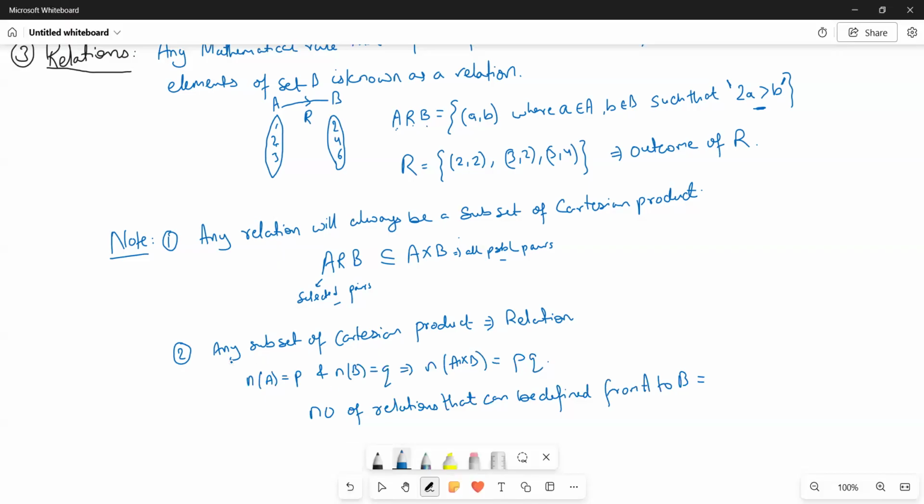So we go back to the property that any subset of the Cartesian product is a relation. Now, if the number of elements in the Cartesian product is PQ, how many subsets can we create of it? Two to the power PQ, 2 to the power n is the number of subsets. We did this in set theory.